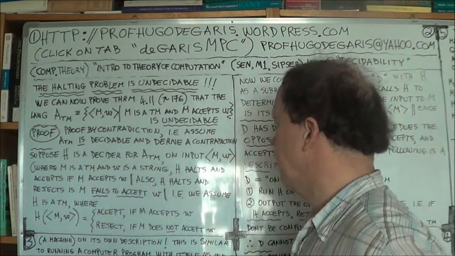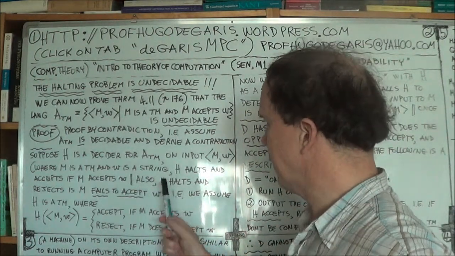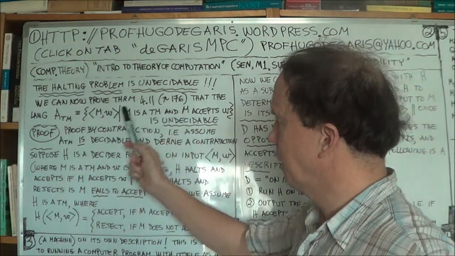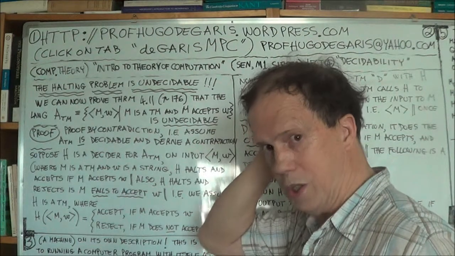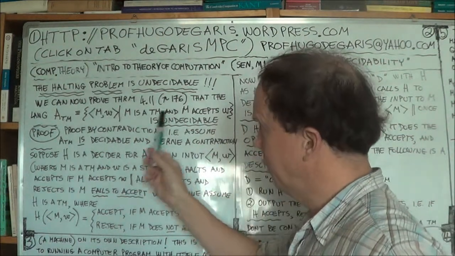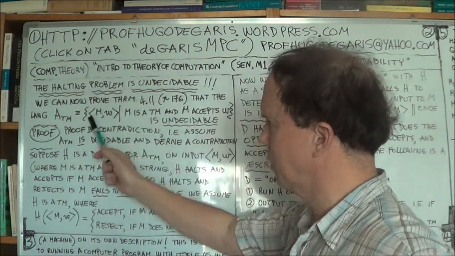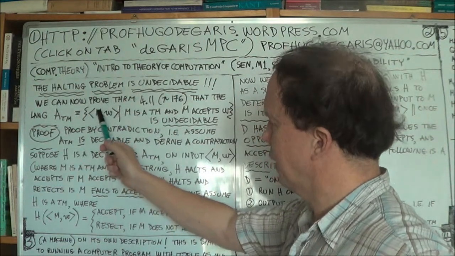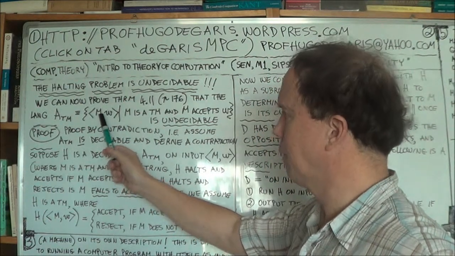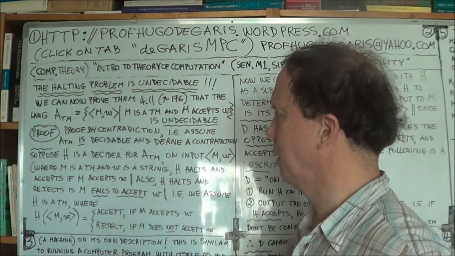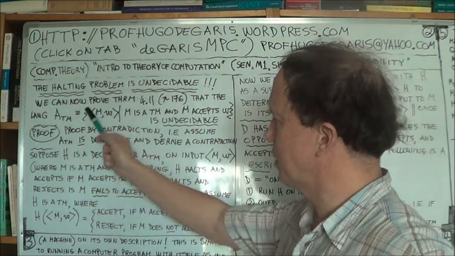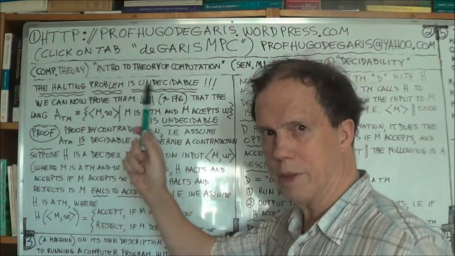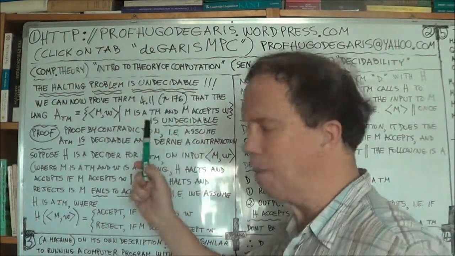Now, if this ordered pair is in the language, then by definition, this machine, whatever this Turing machine M is, will accept W. So H will accept this string. Think about it. Now it's starting to pay attention.